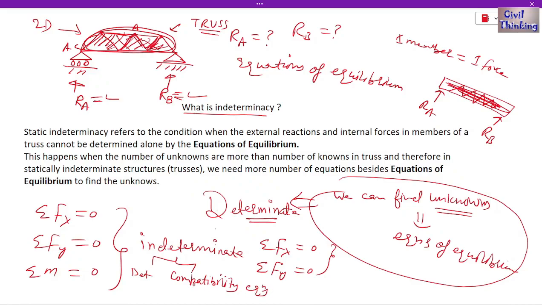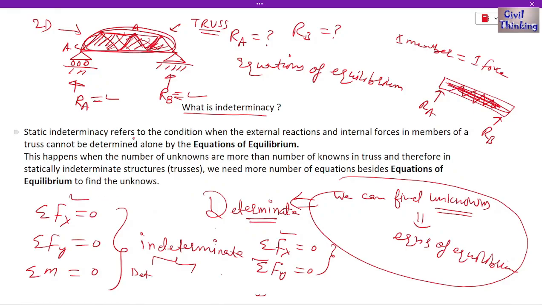We use an additional number of equations to find the unknowns in indeterminate structures. Now if the truss is determinate, we don't need this compatibility equation. We only need these equations. So that's what it is written.